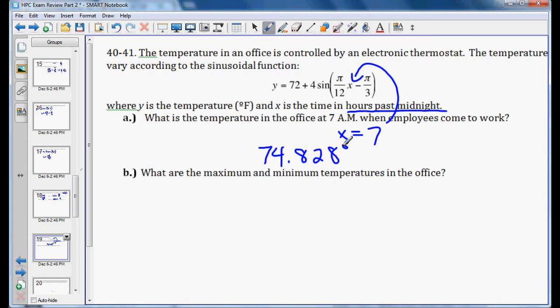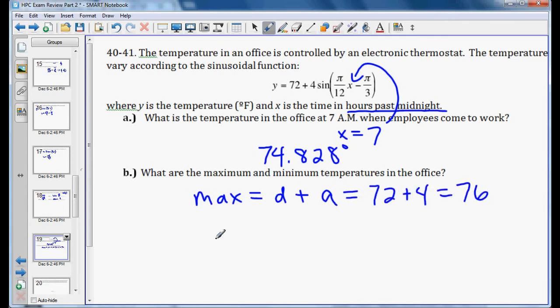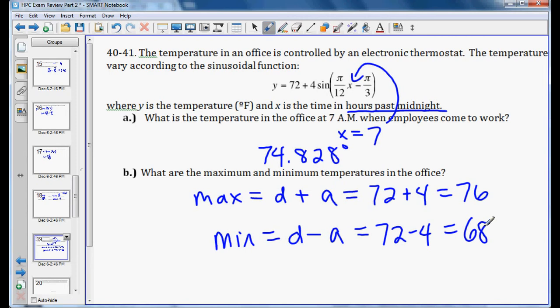Okay, I believe this is the final trig question. You're riding a Ferris wheel with a radius of 40. When the last seat is filled and the ride begins, your seat is at the top of the ride, which is 95 feet above the ground. So let's pause here. We know now that the maximum is 95.